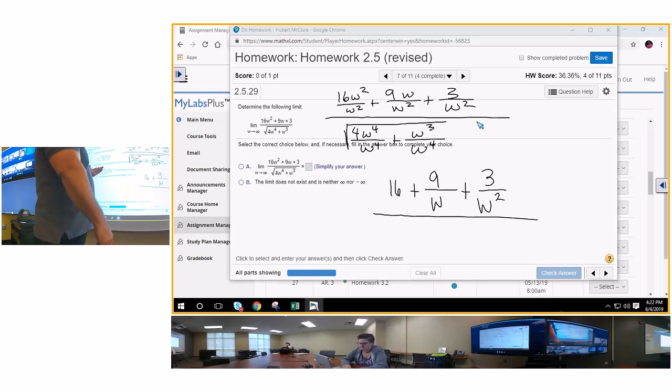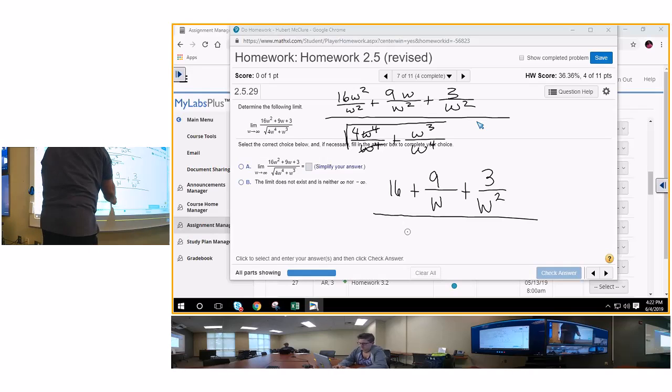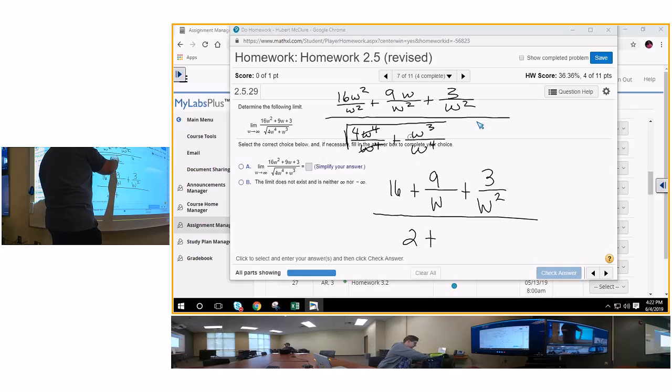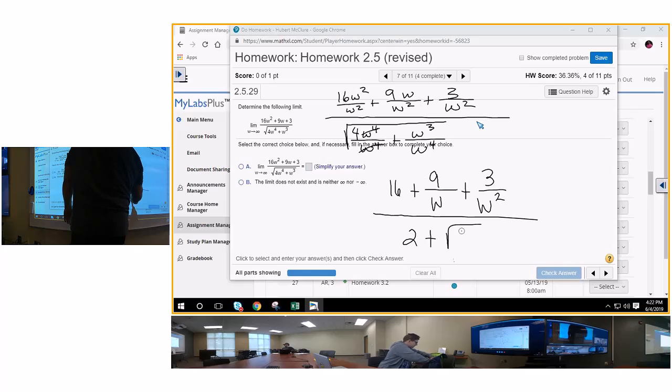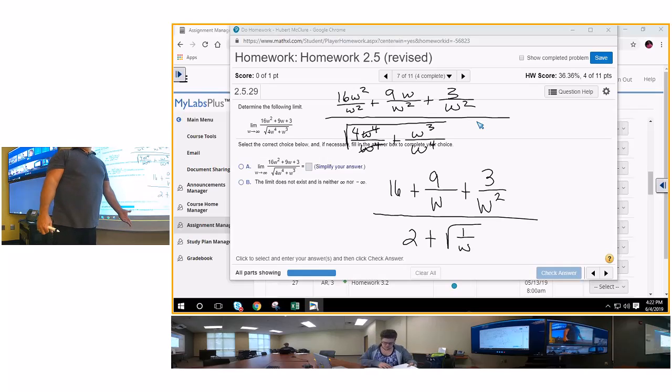What is the square root of 4? 2, right? Because that's going to cancel. You get 2 plus the square root of what's left here, 1 over w, right? 1 over w is going to give you 0.